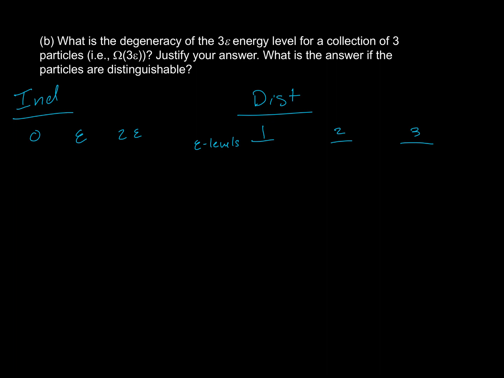Okay, what about the indistinguishable? How many possible ways can we have an energy level of 3 epsilon with indistinguishable particles? Got a vote for 6. I got a vote for 2. I got 2.